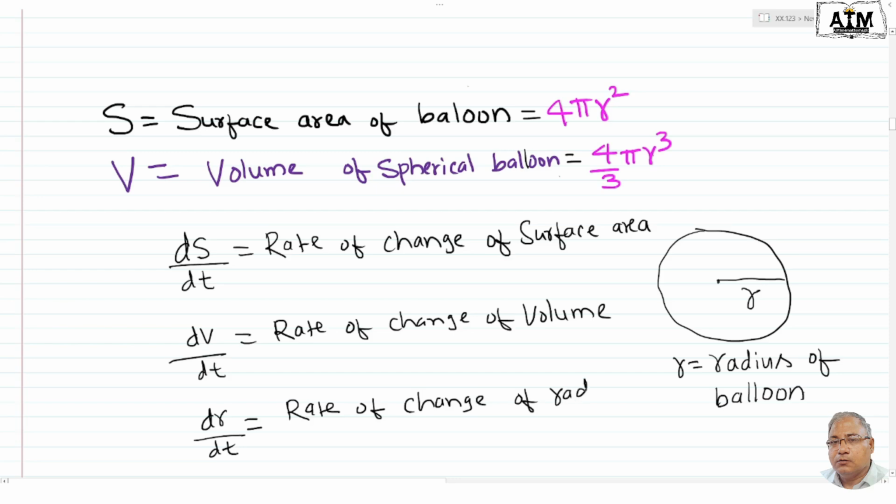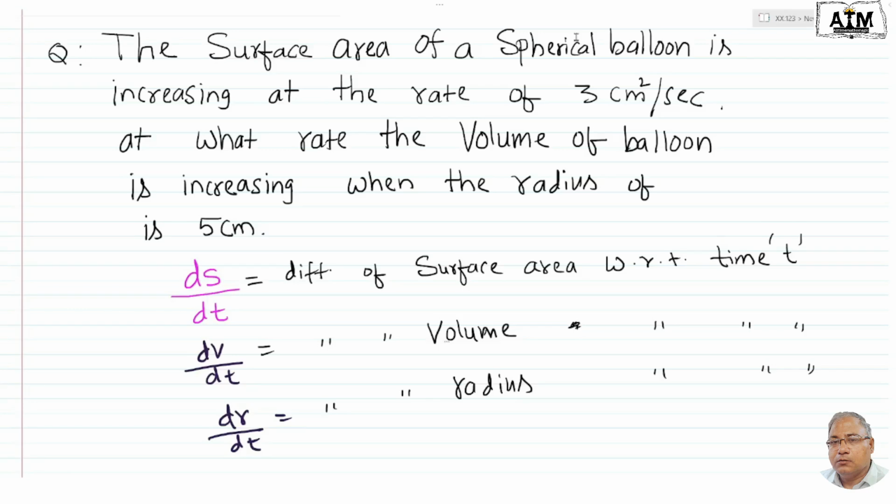So we are going to deal with these three derivatives: rate of change of surface area, rate of change of volume, and rate of change of radius of the spherical balloon. dS by dt gives differentiation of surface area with respect to time, dV by dt gives differentiation of volume with respect to time, and dr by dt gives differentiation of radius with respect to time.